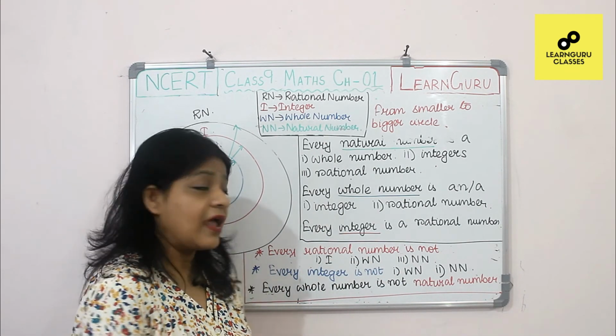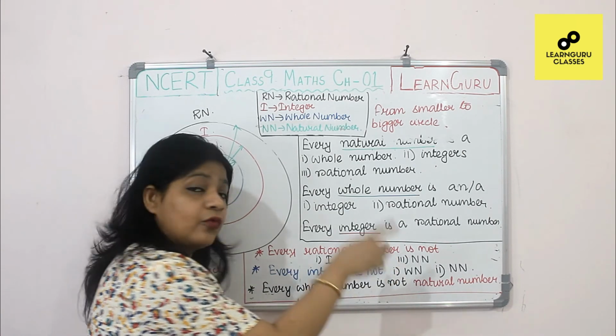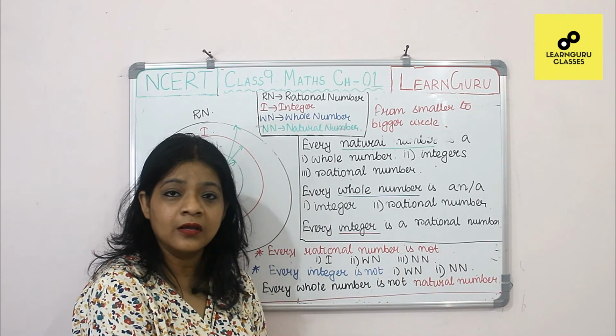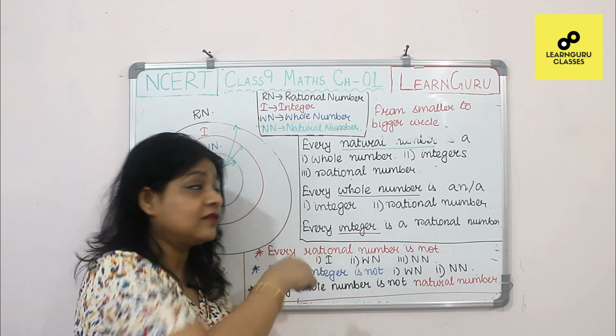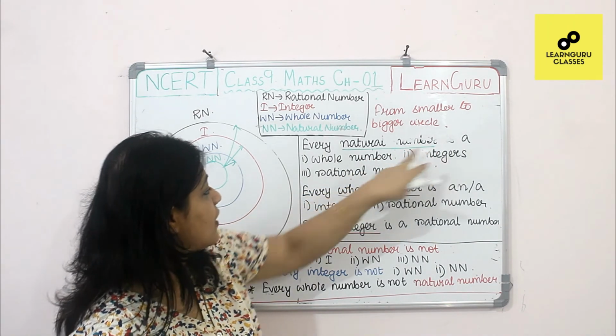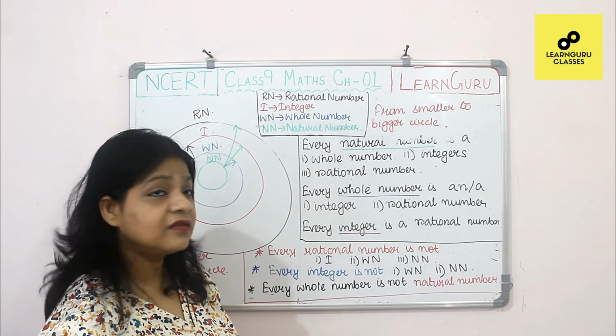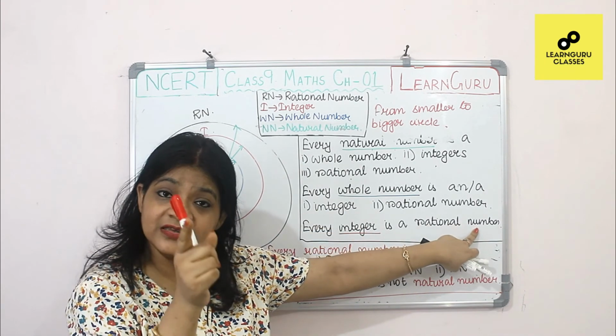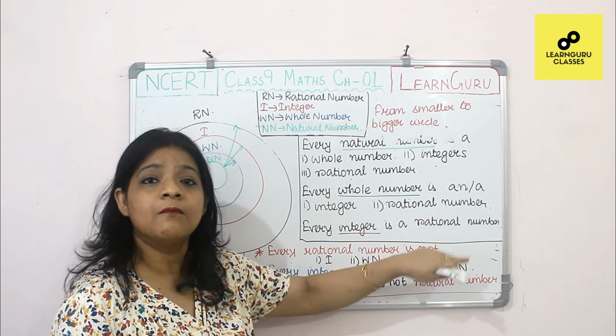So can you match this with the first statement? Every whole number is not a natural number. Is it happening? Yes. Can you match it with the fourth statement? Every natural number is a whole number. Yes. Every integer is a rational number, the second statement. Yes, you can match this.